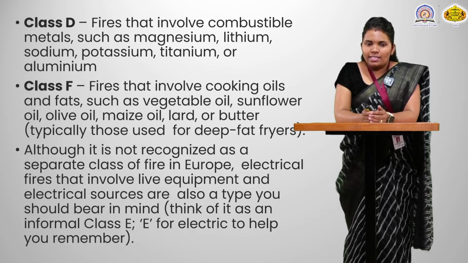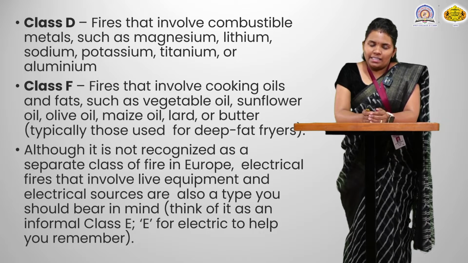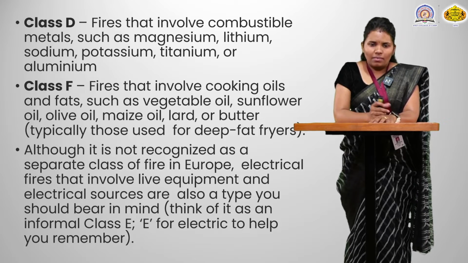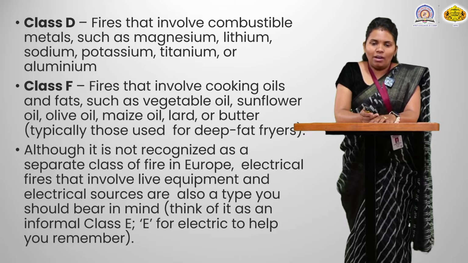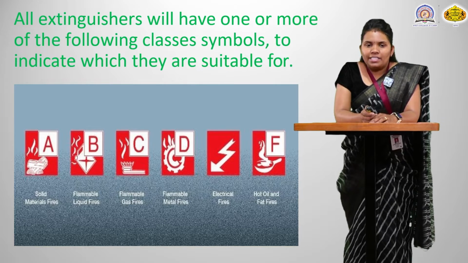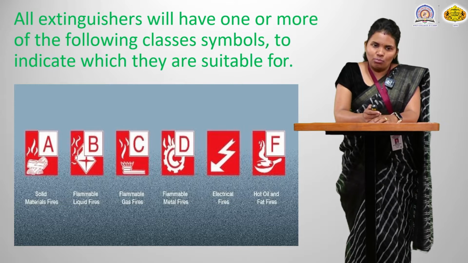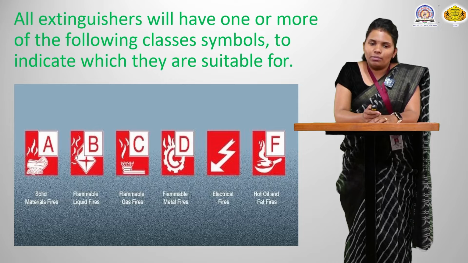Although it is not recognized as a separate class of fire in Europe, electrical fires that involve live equipment and electrical sources are also a type you should bear in mind. Think of it as the informal class E, for electrical, to help you remember. So these are the fire extinguishers. All extinguishers will have one or more of the following class symbols to indicate which fires they are suitable for.